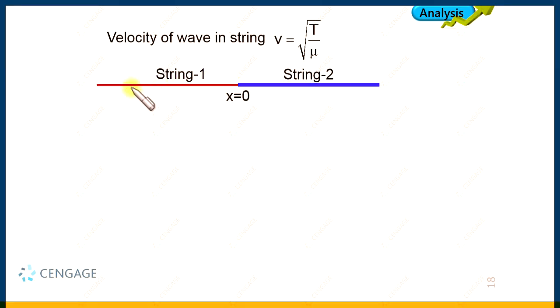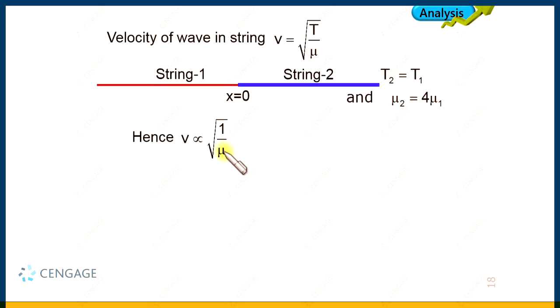And we know both strings are connected side by side. That means the tension in the first string and second string will be equal. That's why we can write T1 equal to T2, right? And we are given mu2 equal to 4 times mu1. This is the linear mass density. Now we know the value of the tension is the same. That's why we can write v is inversely proportional to under root of mu, that is the linear mass density.